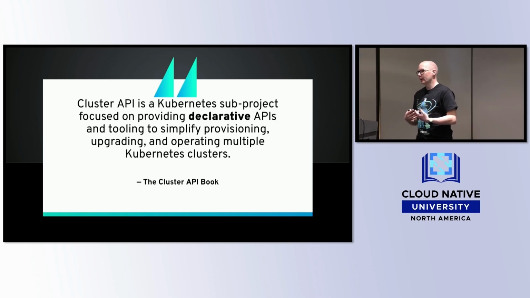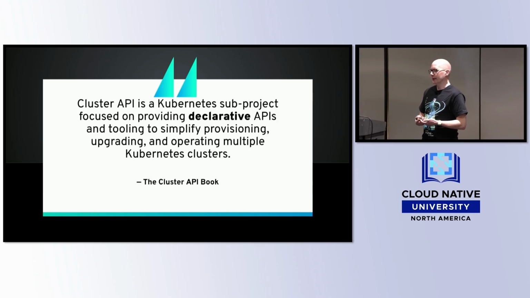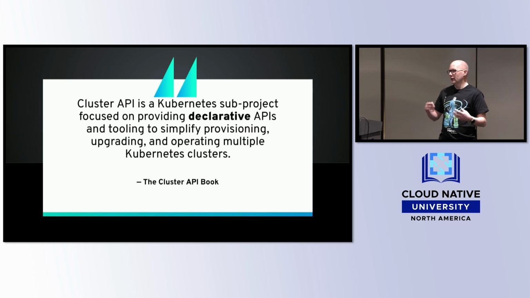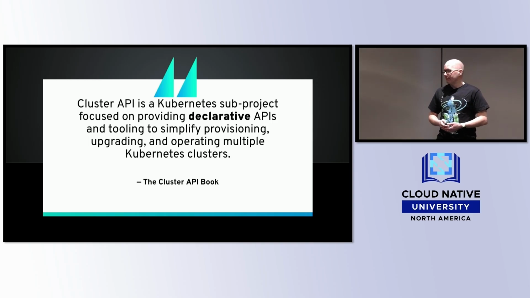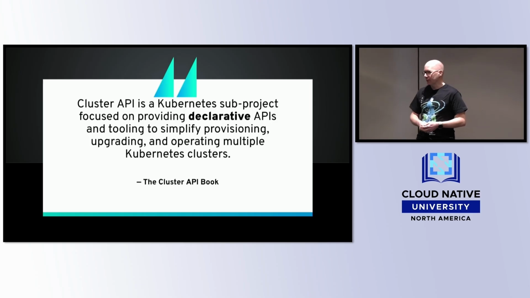So giving a declarative way, an API to manage Kubernetes, it really helps you with provisioning, upgrading, and operating the full life cycle of the cluster or clusters. This is an example from the Cluster API book, which is the kind of authority documentation of Cluster API, so definitely look that up.